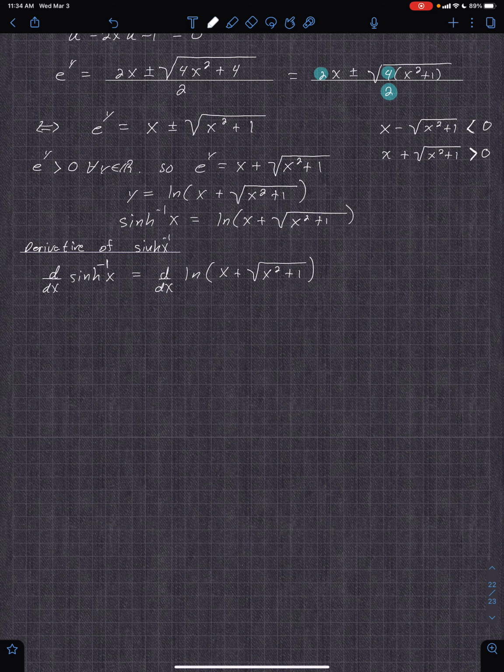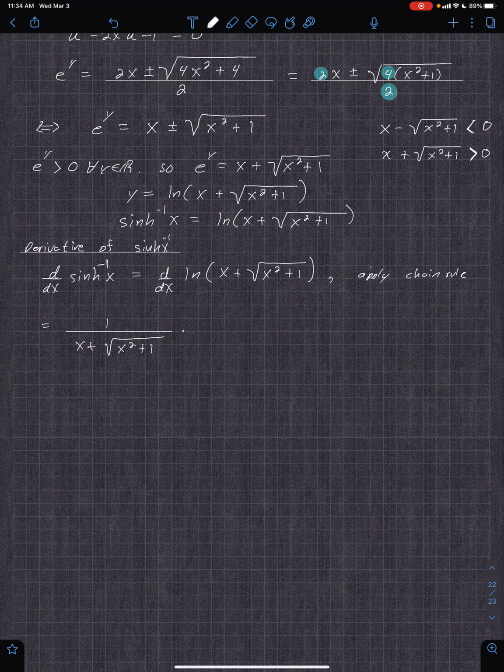Now when you do the derivative, you must use chain rule. So apply chain rule. And so you get that this is 1 over all of that. So this is equal to 1 over, this is the derivative of natural log, is 1 over x plus the square root of x squared plus 1 times the derivative of what's inside.